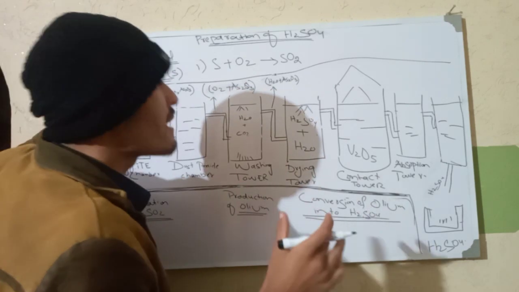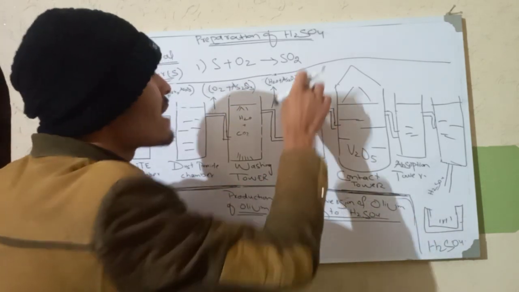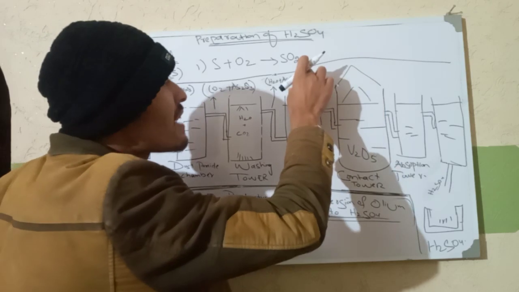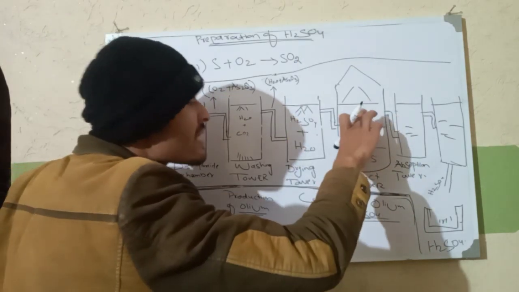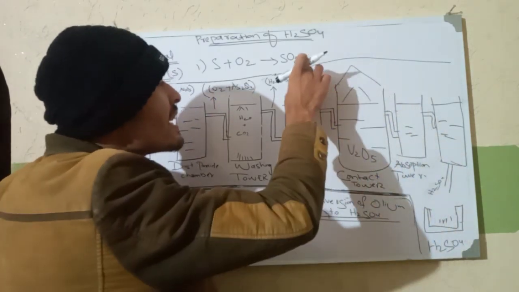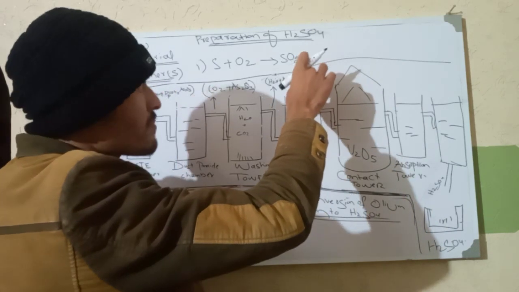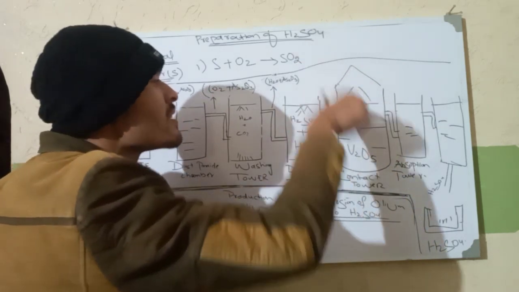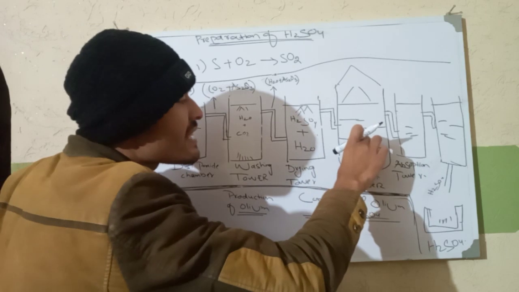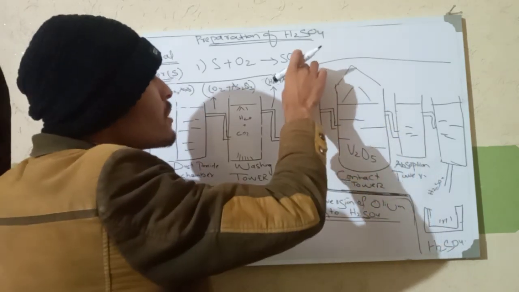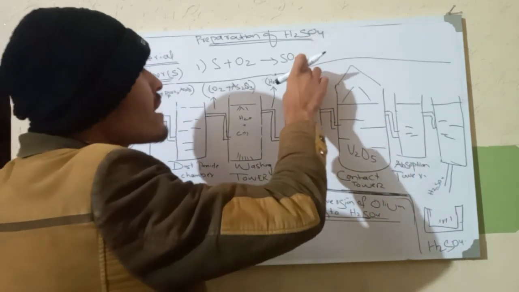In the fifth step, arsenic oxide cannot directly enter this contact tower. Why? Because it poisons the catalyst. So in the next step we remove arsenic oxide.